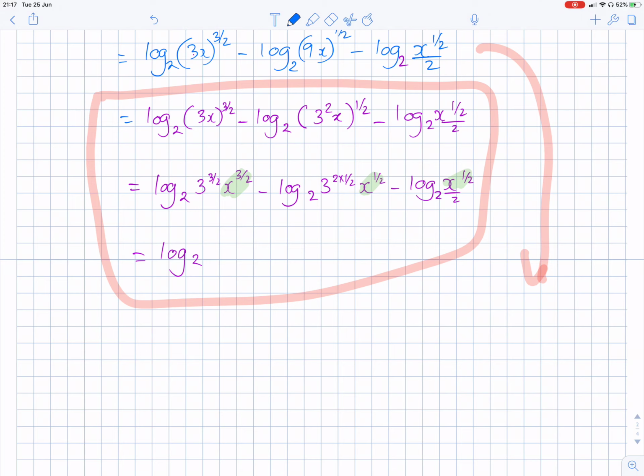So from here, we just take this one and this one. There is subtracting, so we're going to divide the log.